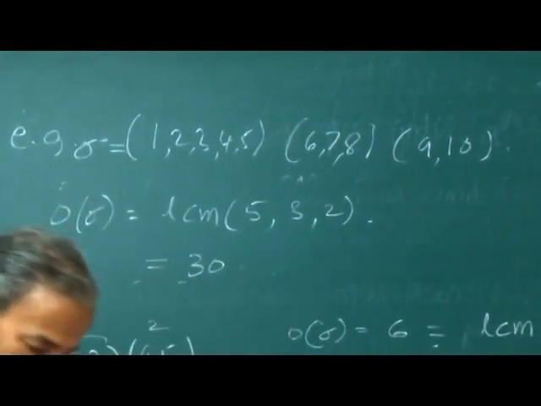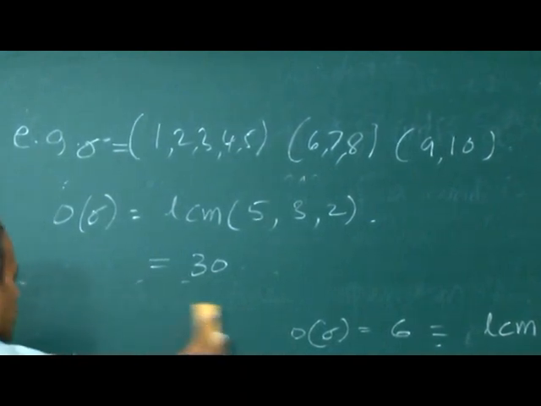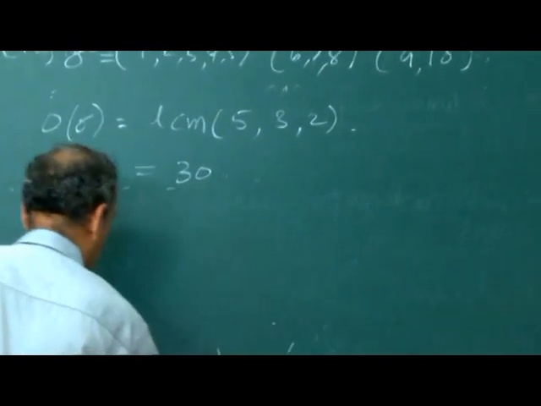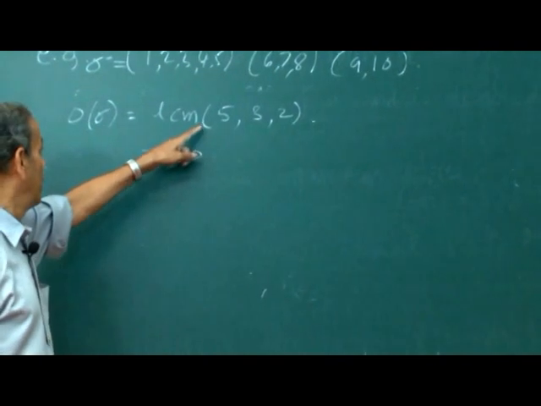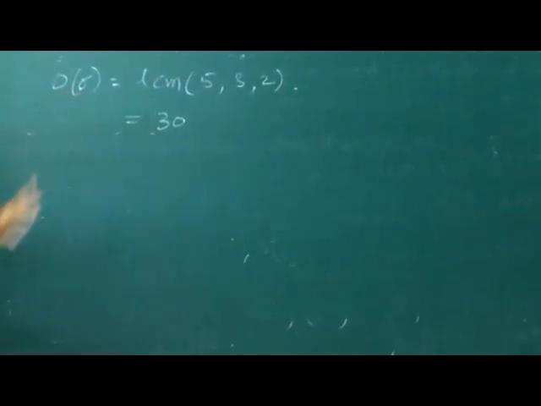So order of an element in Sn is LCM of all cycle lengths.